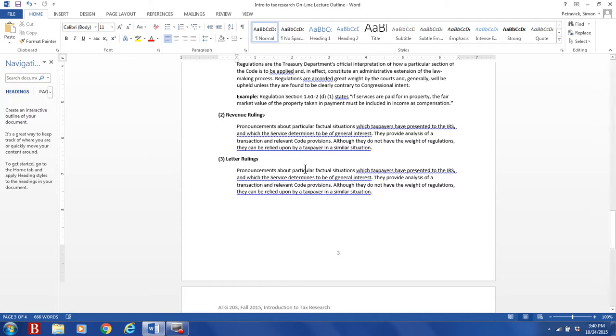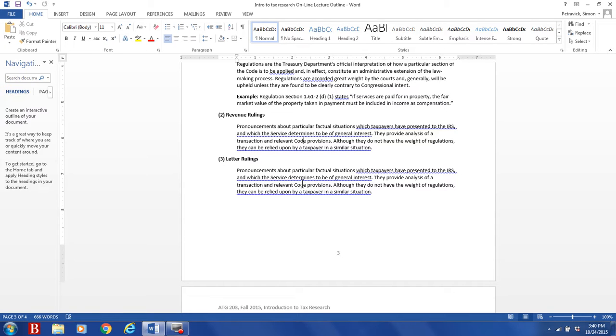Then a different situation, which is called a letter ruling, also relates to a particular fact situation, and in that same case they provide a ruling that can be relied upon.